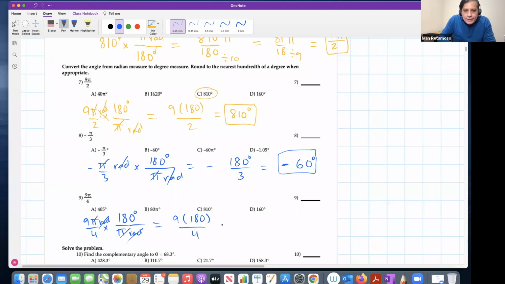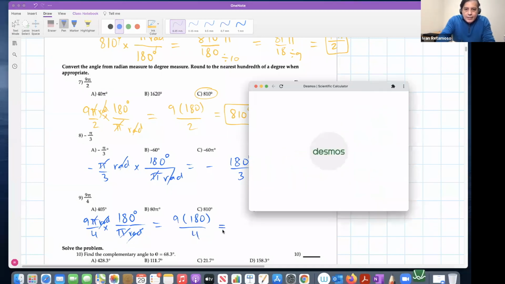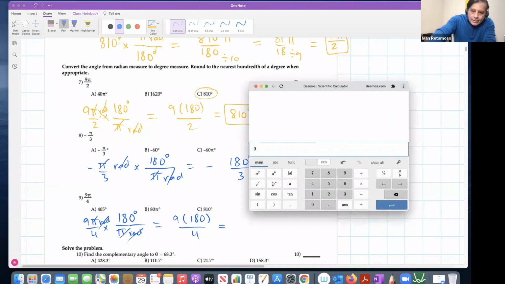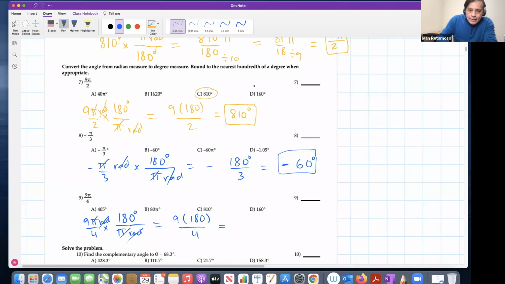So use your calculator, times 180 over 4, and that's it. 405 degrees. That was for number 9.